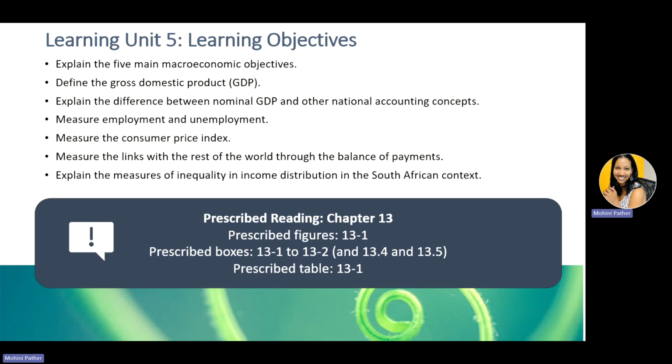Then we're going to look at the consumer price index, which is, of course, a measure of your inflation, which ties again into one of our 5 macroeconomic objectives, and then how we link through the rest of the world. Like I said, your economy is one thing, and then you have your foreign exchange and how your currency is behaving or valued versus other currencies.